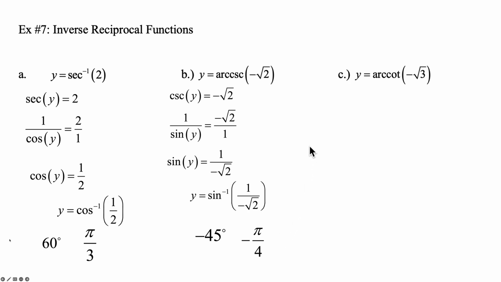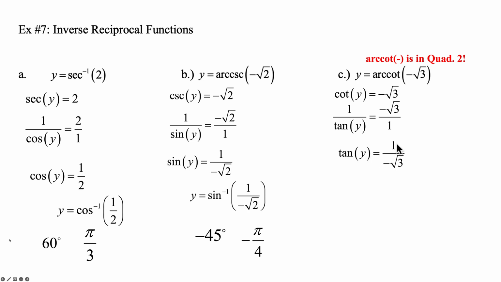All right, part C. y equals arc cotangent of negative square root of 3. Just like we saw earlier at the end of the last video, this is going to be a quadrant 2 angle, but we can't do the inverse cotangent on your calculator. So if we change this to cotangent y, then take its reciprocal, we get tangent of y equals 1 over the negative square root of 3.